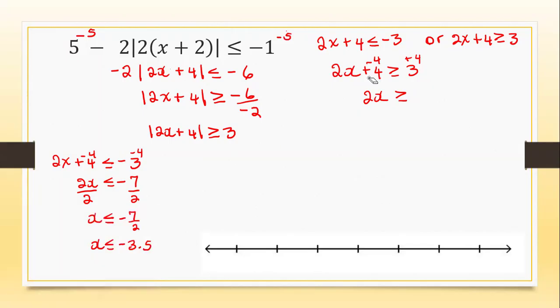That should be subtracting 4, not plus 4. 2x is greater than or equal to -1. Dividing both sides by 2, x is greater than or equal to -0.5.